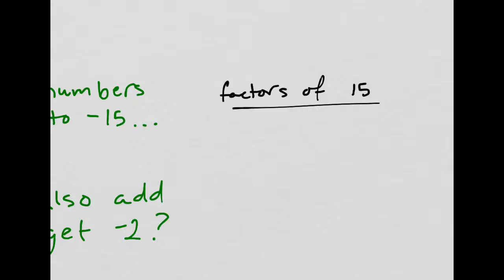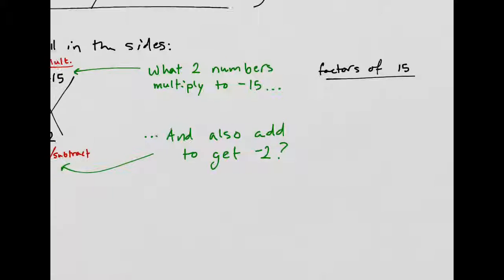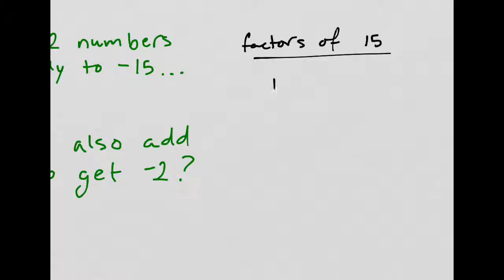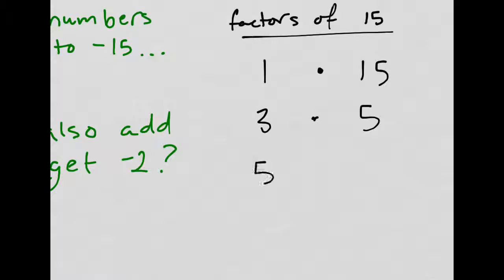Right now, we're disregarding the negative, but we would have 1 times 15. Okay. Then 3 times 5, and 5 times 3, oh, we already have that. That's all the factors of 15.